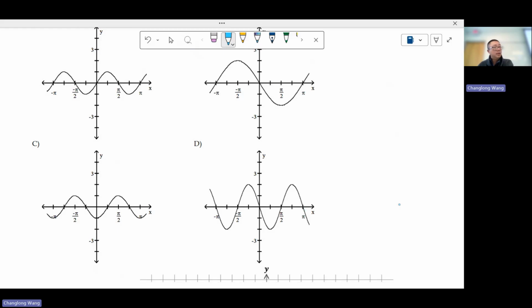You see that? It's the correct amplitude, and the width is only half of the original one. And the reason why it's probably upside down is we have a horizontal shift. Okay, but at least that's definitely not going to be A, right? The amplitude is wrong, and also C.